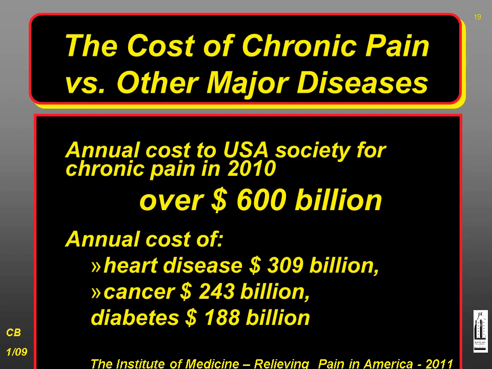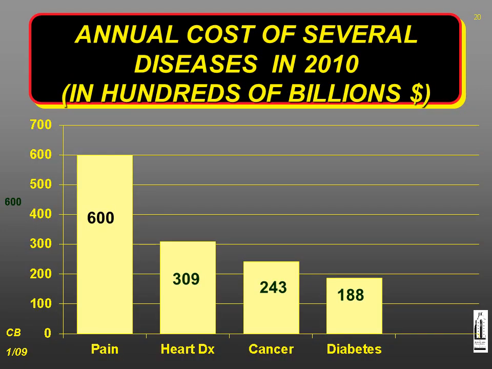In comparison, the annual cost for heart diseases was of about $309 billion, for cancer $249 billion, and for diabetes $188 billion. To compare more easily the annual cost of each of these diseases, the numbers can be plotted as bar graphs.